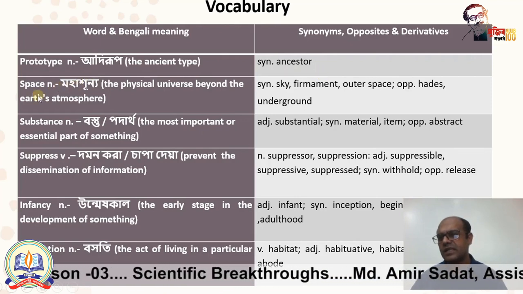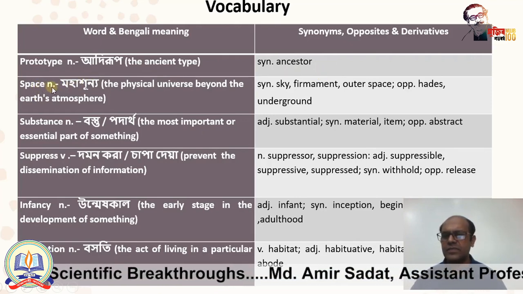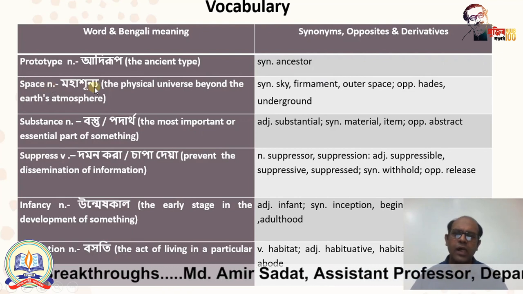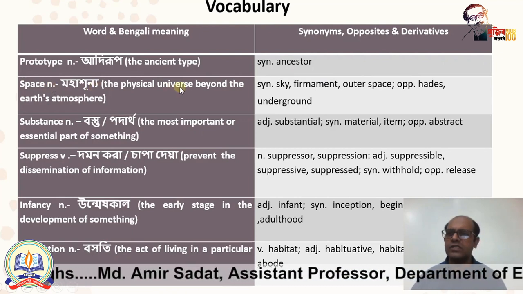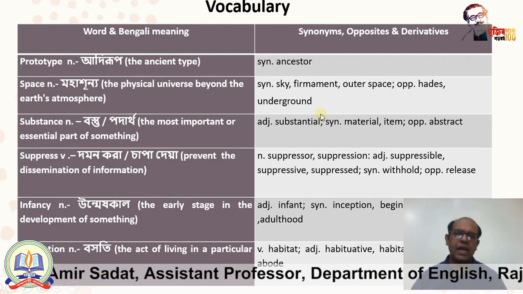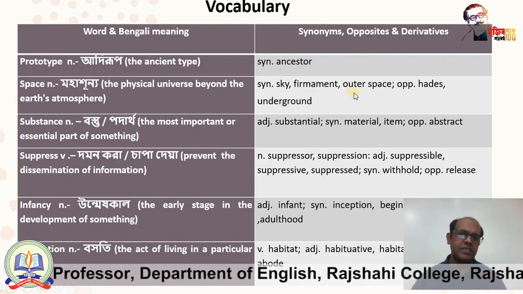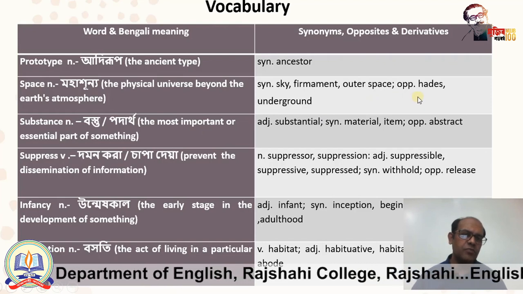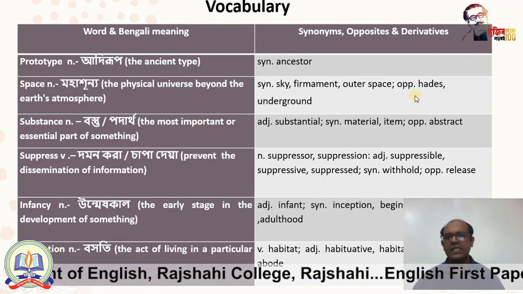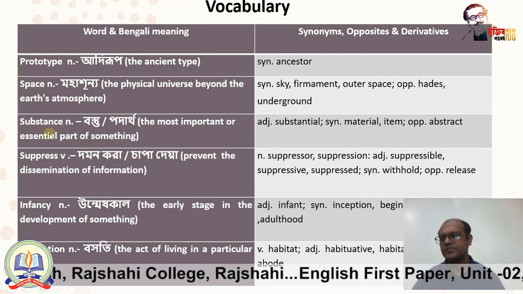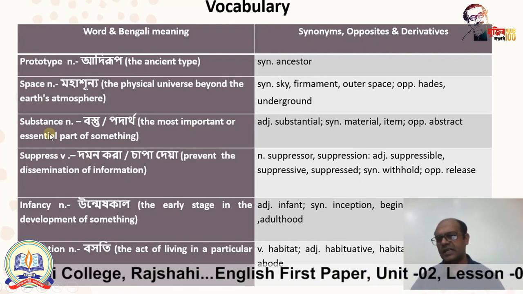And space is a noun. Its Bengali meaning is mahashunno, the physical universe beyond the Earth's atmosphere, and its synonym is sky, firmament, outer space, etc. And its opposite or antonym is Hades or underground. Substance is a noun.